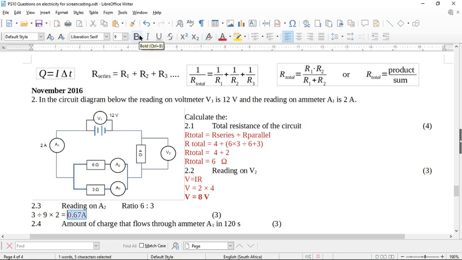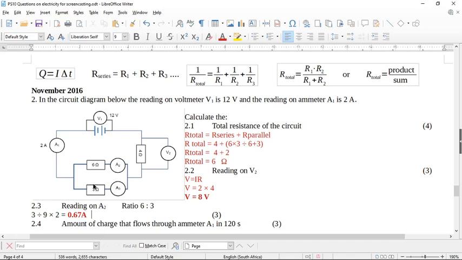If you're not following what I did there, I'm about to explain again. I've got this much current in my circuit, 2 amps. When it arrives at this point, the current splits up so that most of the current goes through the smaller resistor. It's an inverse relationship.